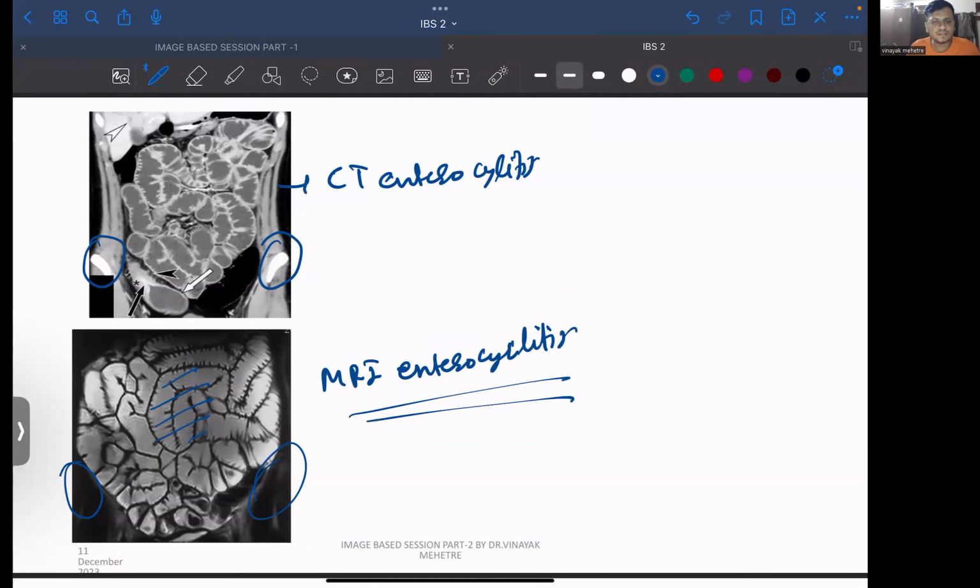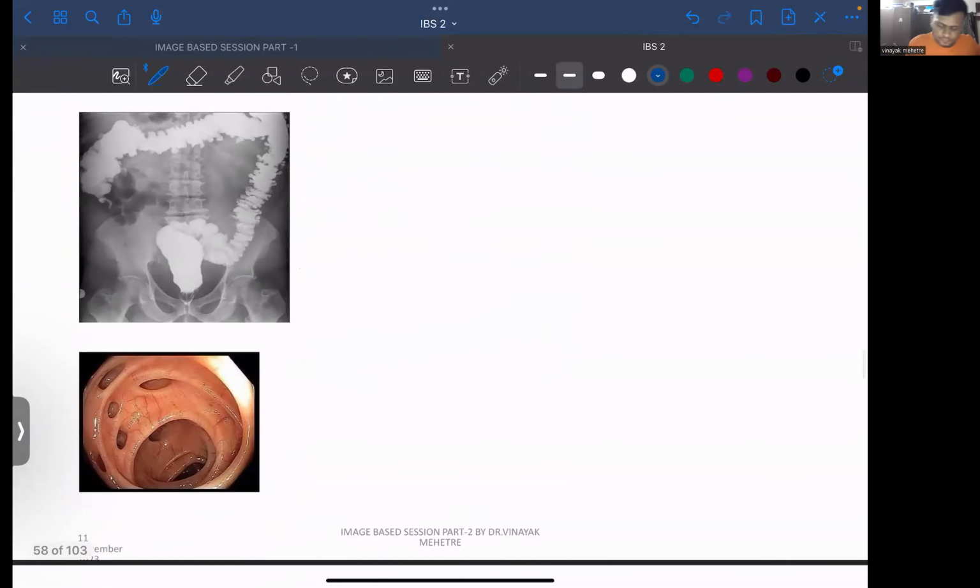Okay, both have been asked. Direct question, what is this? This is called as saw tooth appearance. Teeth seem to come out like this.